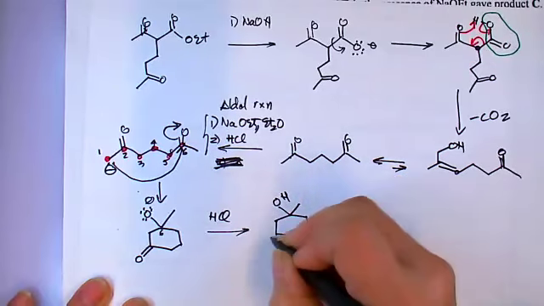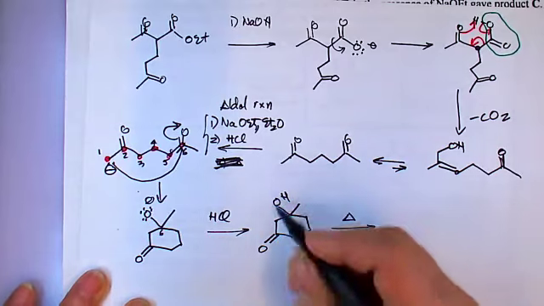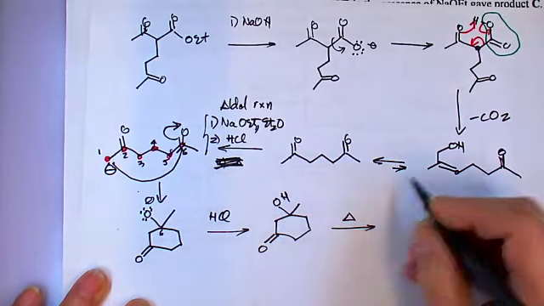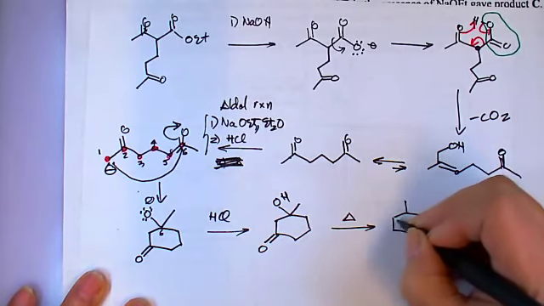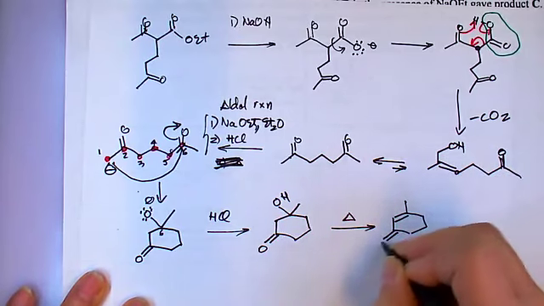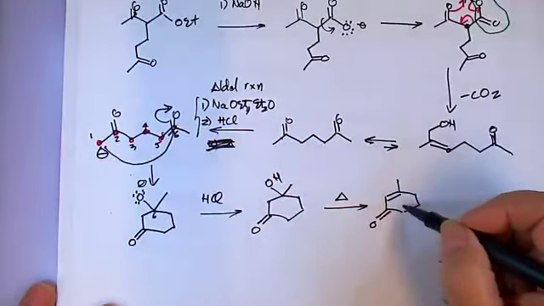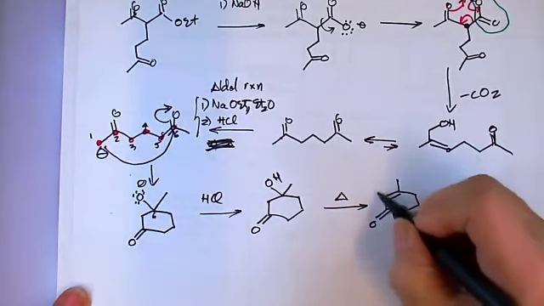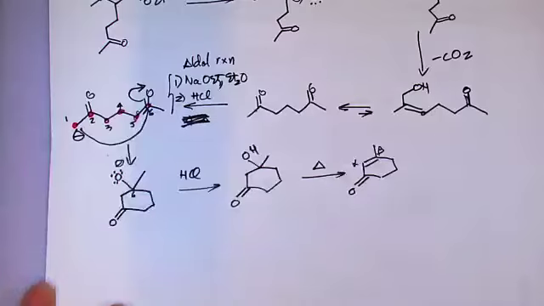Upon heating, you do a dehydration step, and you form an alpha beta unsaturated ketone. That is a good Michael acceptor.